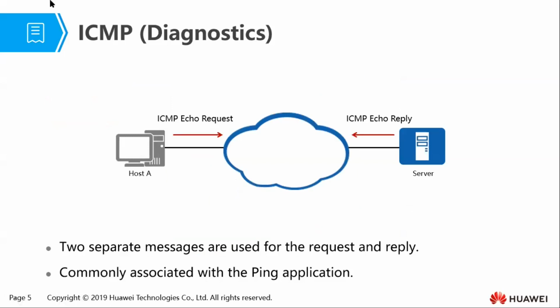So the other main function of ICMP is what we call diagnostics. Now, to diagnose a network, most of the time we look at what we call measuring delays in the network. And how do we do that?